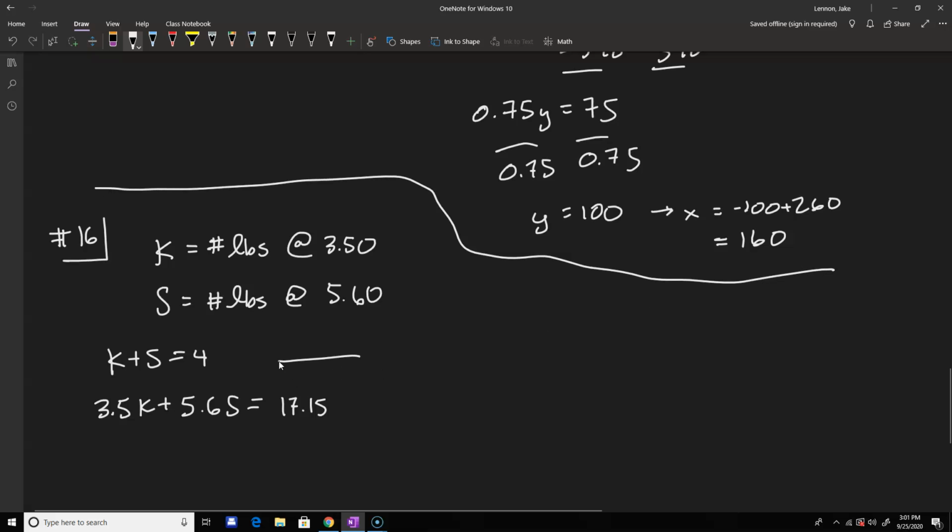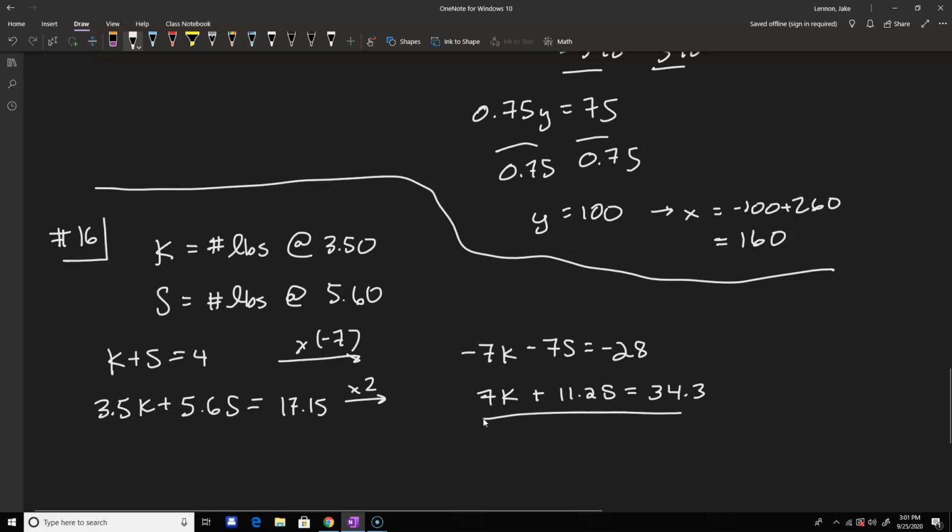Let's multiply the top equation by, say, negative 7. And we'll multiply the bottom equation by 2. So we get negative 7K minus 7S equals negative 28. And then on the bottom we'll have 7K plus 11.2S, and that'll equal 34.3.